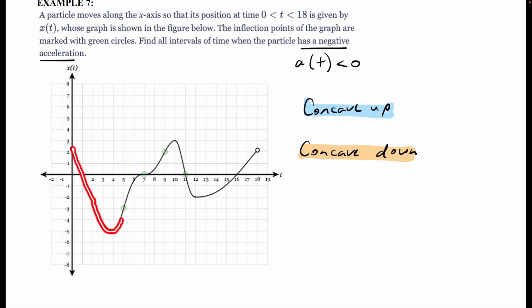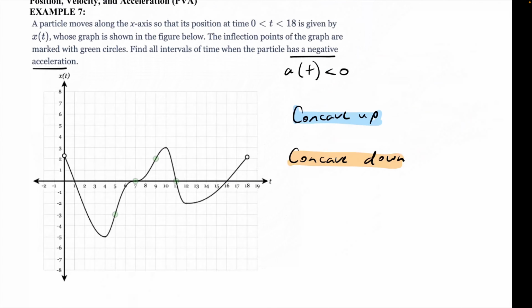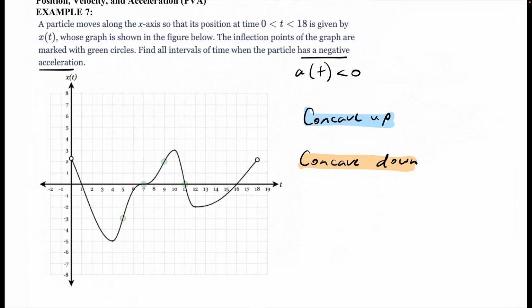When does it change to concave down? Not 7, before 7. No. You said before. So what are the circles? What are the circles again? The inflection points. So what are inflection points? What's the definition of an inflection point?